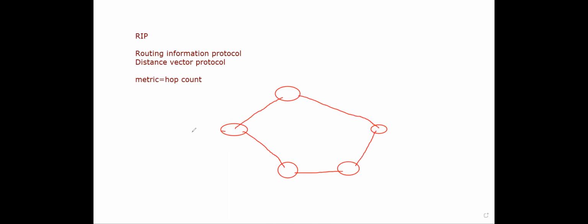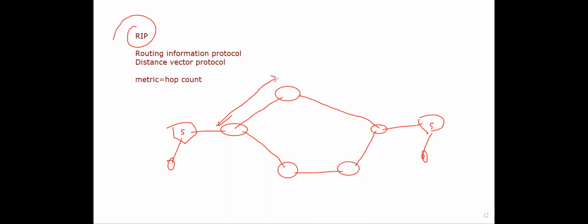Here we are using a switch and one PC is there, and here also a switch and one PC. If RIP is finding the path automatically, then after IP addressing is done, RIP will check: if I'm traveling from this path to reach my destination, then on my way we have one router, one hop count.